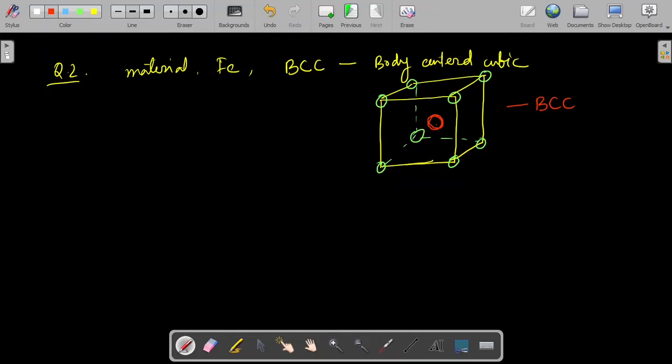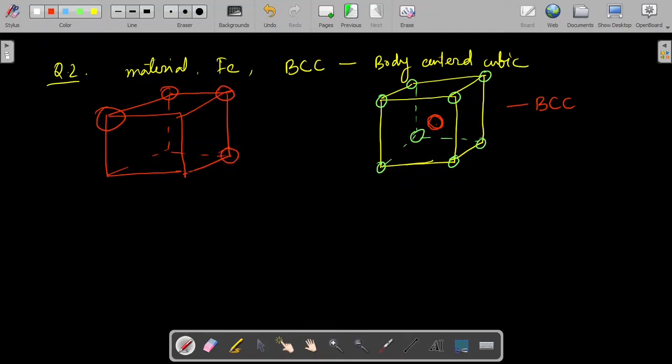So for example, if you have only a simple cubic, then what happens? And this is important to understand for one part of this question that would come later. So let's say I have a simple cubic system and I have drawn it like this. Don't think that the atoms have this much separation between them.